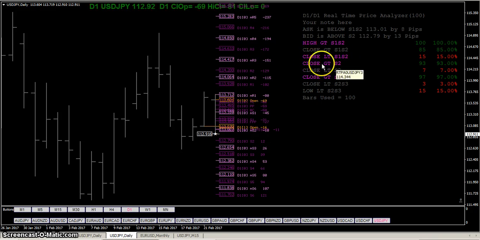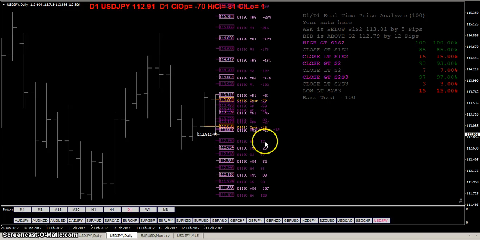When these numbers are in the magenta color or pink, whatever your eyes see, that means it's true right now. So in other words, the high is greater than S1, S2. The close has been less than S1, S2, so that was a true statement. And right now you can see here it's dropped.